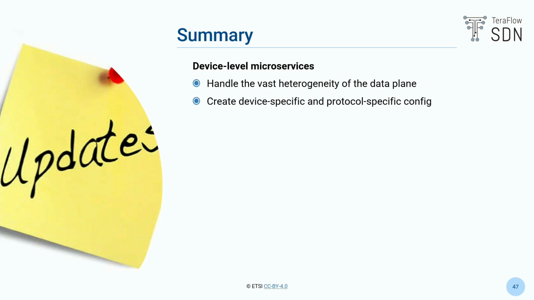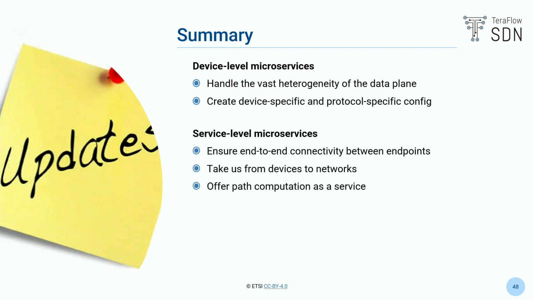This is the objective of device-level components. In the service-level components, we want to ensure end-to-end connectivity between hosts or between any kind of endpoints in the network. And this takes us from the level of a single device to the level of a whole service, of a whole network, actually. And of course, we offer path computation as a service here, which is important.